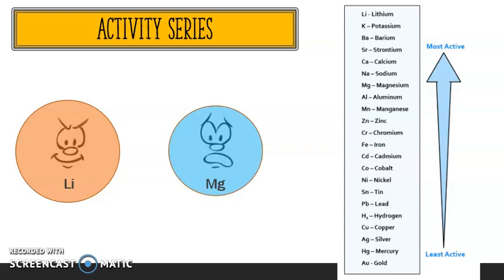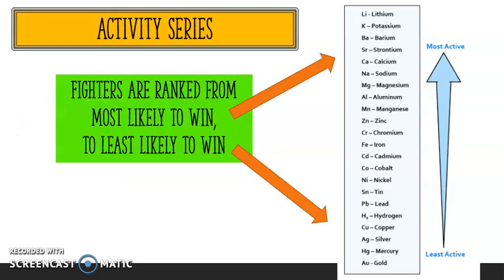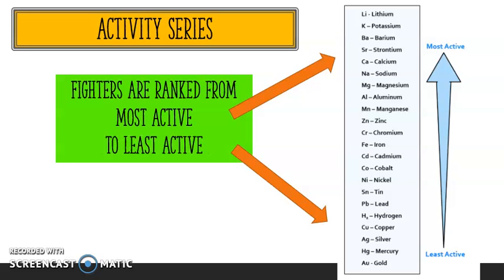At the top, we would say that these metals are very active, and at the bottom, we would say that these metals are not very active. And very simply, the ones at the top are more likely to win this fight, and the ones at the bottom are less likely to win this fight. We call this ability to win being active. So again, the more active metals would be toward the top, the less active metals would be to the bottom.